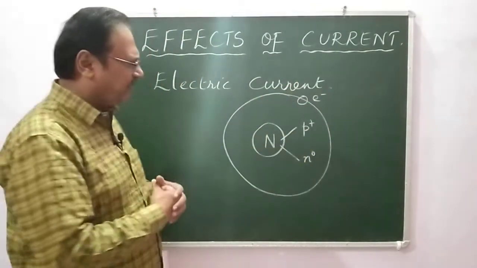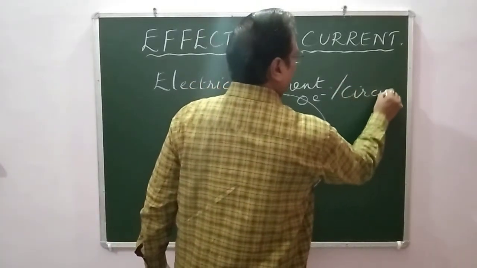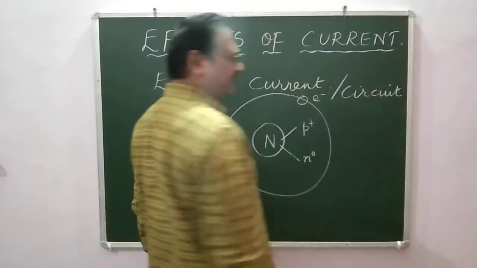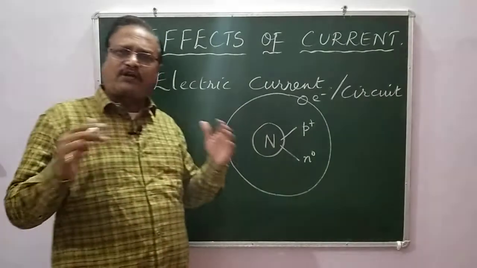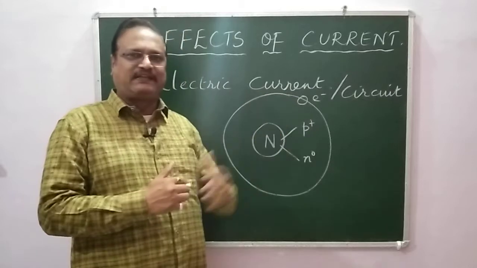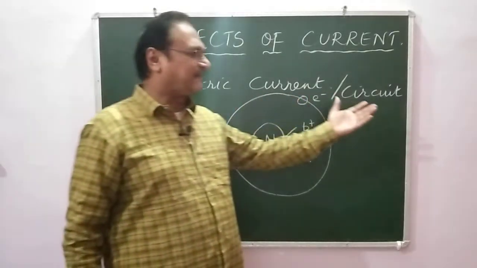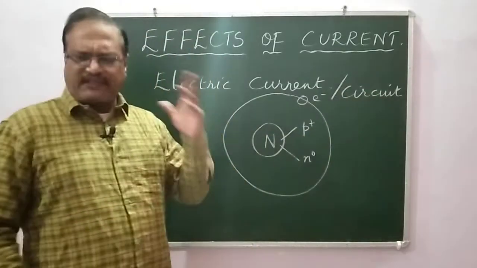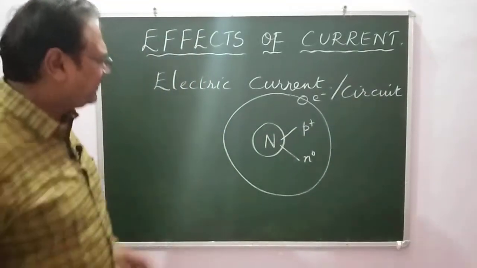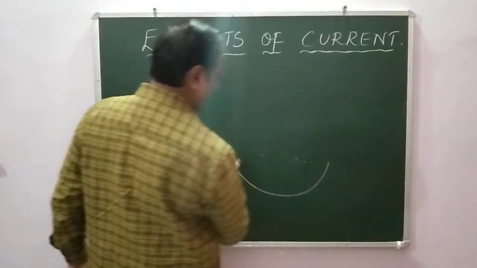And also we studied about electric circuit. What is a circuit? A circuit is an unbroken path, the path for the electrons to travel. That unbroken path you call an electric circuit. In an electric circuit, we can have simple devices.